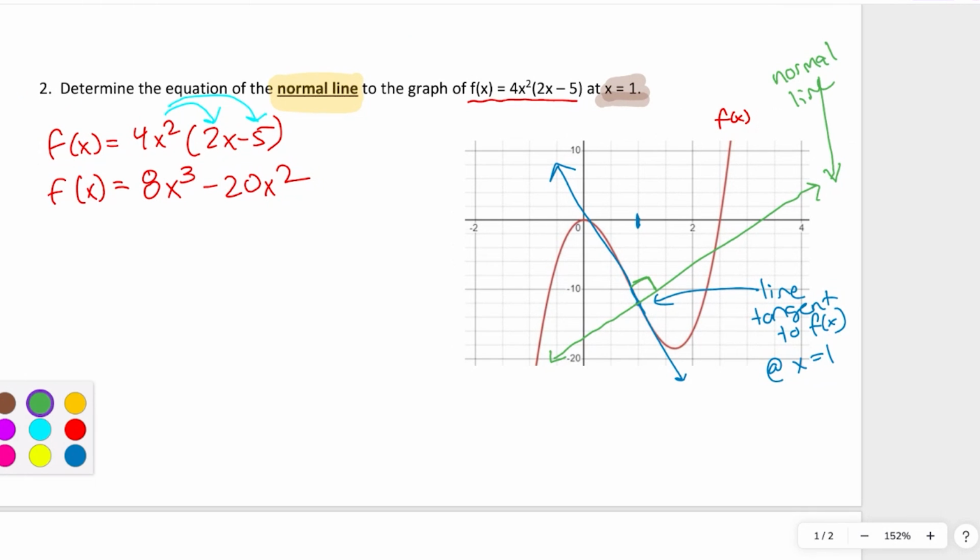It's the line that's perpendicular to the tangent line. And specifically, where they intersect is the point we're interested in. So if we want the normal line at x equals 1, that's going to be perpendicular and intersecting the line that's tangent at x equals 1.